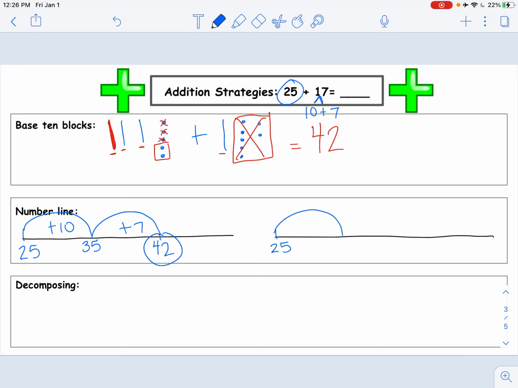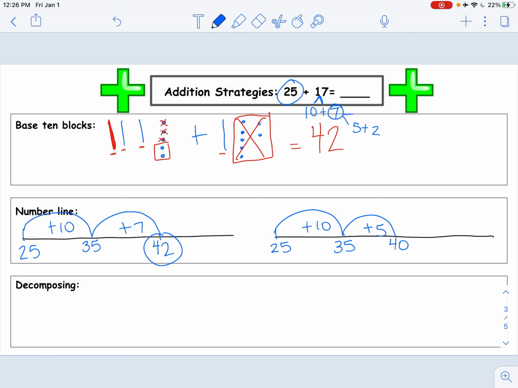So again, 25 plus that 10, and we land on 35. Then if they struggle with adding that 7, another thing to think about is taking this 7 and breaking it down to 5 plus 2, because it's a little bit easier for students to add that 5, and 35 plus 5 is 40.